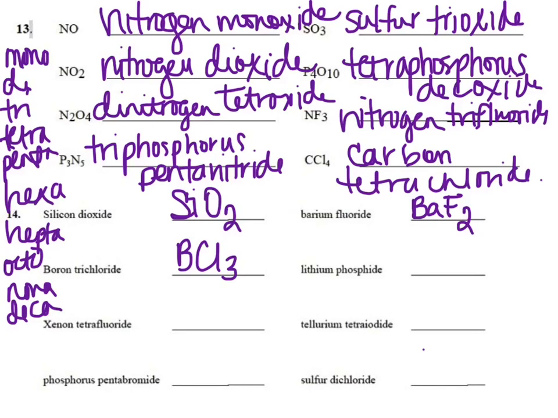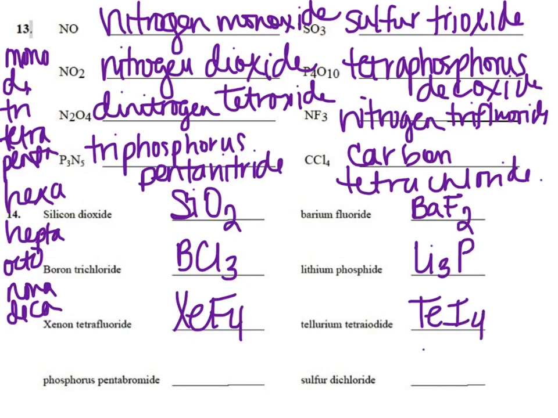Lithium phosphide would be Li3P. Xenon tetrafluoride, XeF4. Tellurium tetraiodide, TeI4. Phosphorus pentabromide, and sulfur dichloride, SCl2.